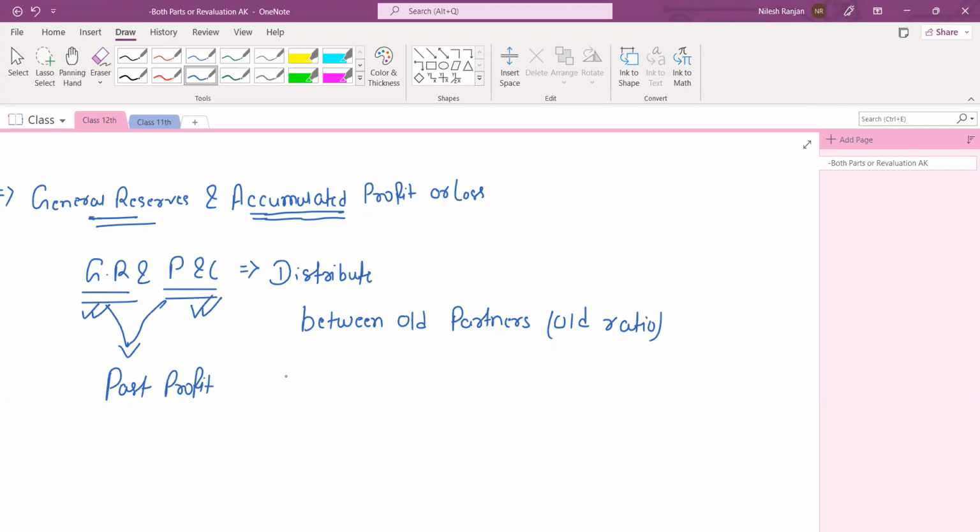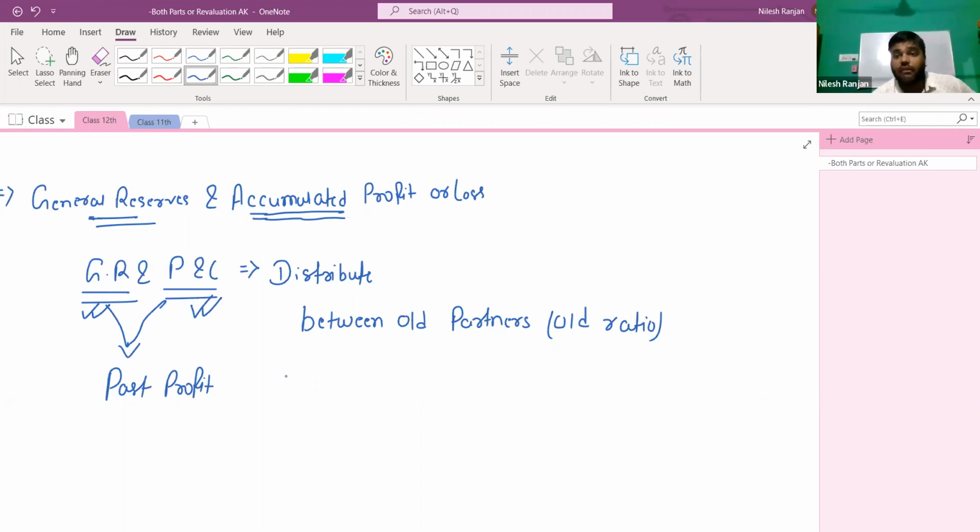Yes, sir. So if the question does not say anything, we will distribute the general reserve or accumulated profit in the old ratio. But if the question specifically says that you don't have to distribute the general reserve or profit and loss, then we don't distribute it.